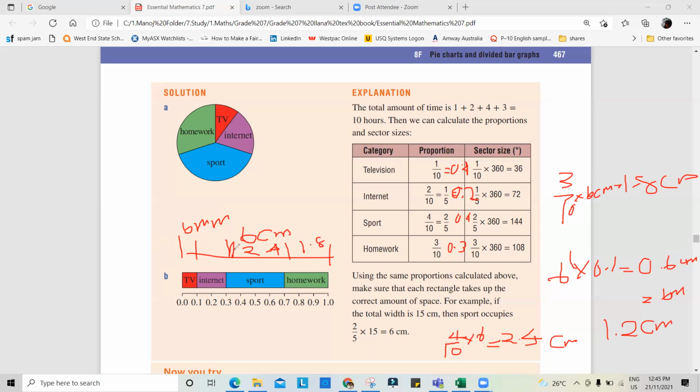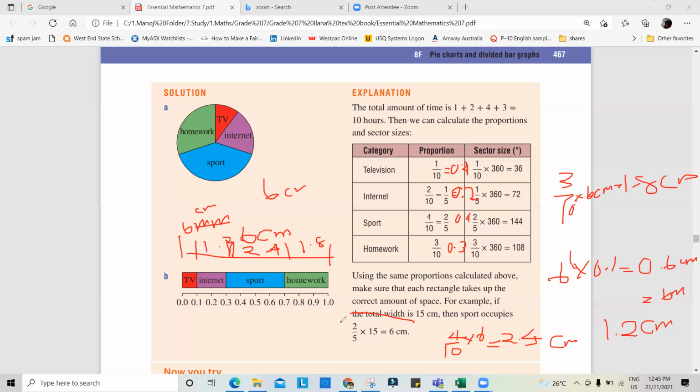Now 1.8, 2.4, and 1.2, plus 0.6 centimeter, or 6 millimeters. Now all this together is 6 centimeters.